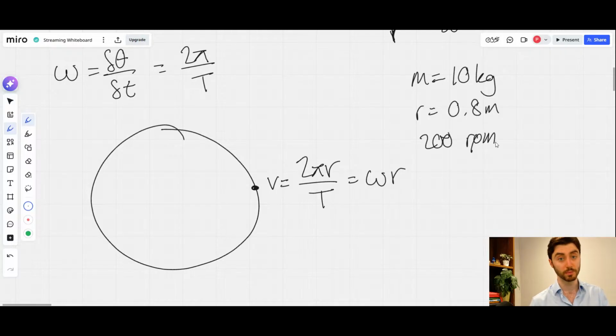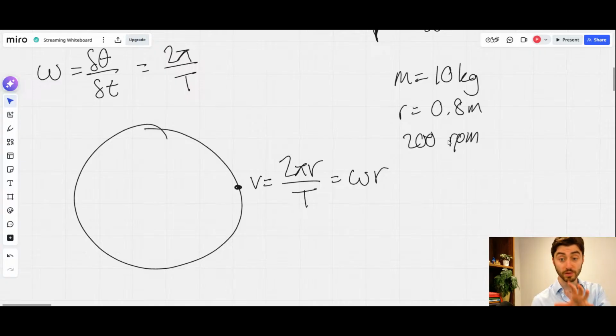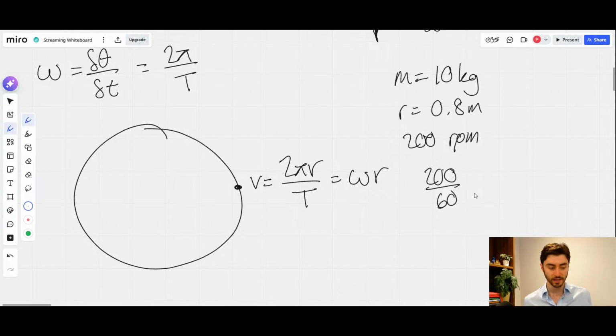That's revolutions per minute. What you would need to do in this situation is to work out the revolutions per second, because in physics, we're always working in a base unit of seconds. So if there are 200 revolutions in 60 seconds, then there are 200 over 60 revolutions per second.